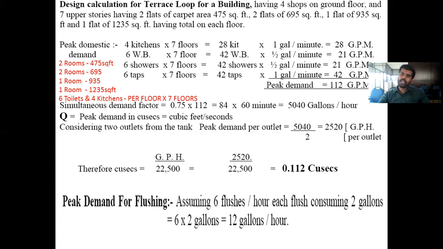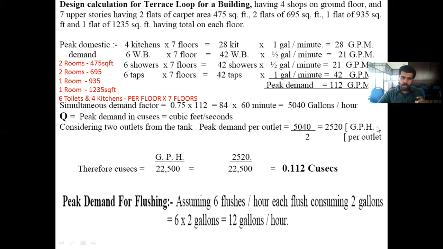5,040 divided by 2 is equal to 2,520 gallons per hour per outlet. So from two outlets it will be 5,040, and from a single outlet it will be 2,520.